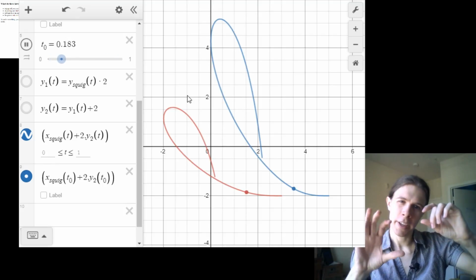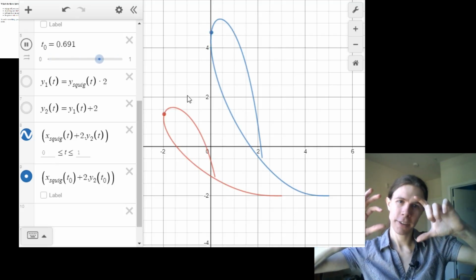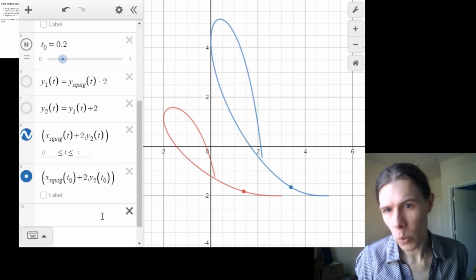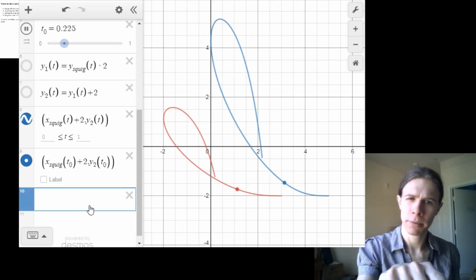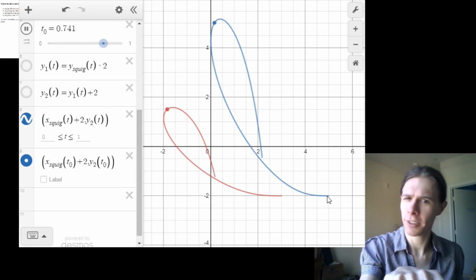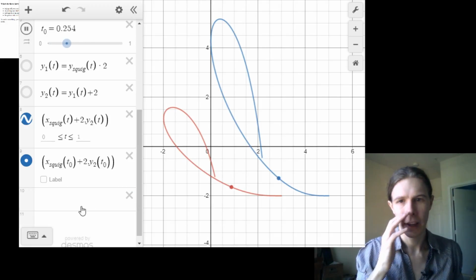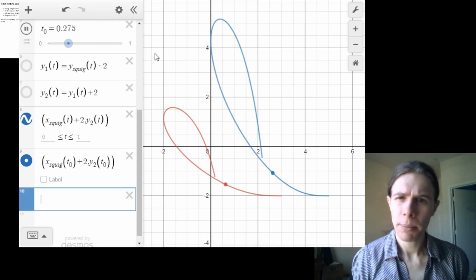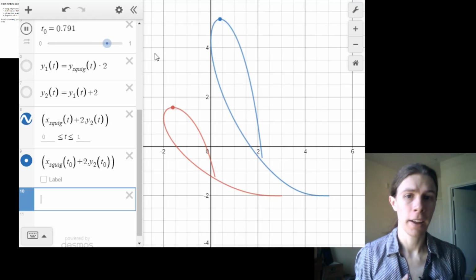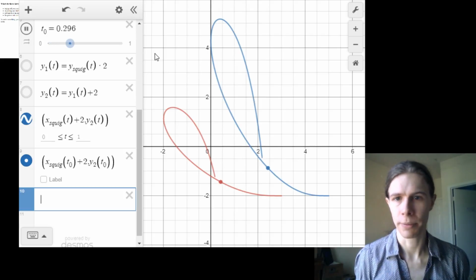So you can see how it's stretched and shifted up. Cool. That's what I wanted. That's what I expected. The important part here is what happens if I did the same things but in a different order.